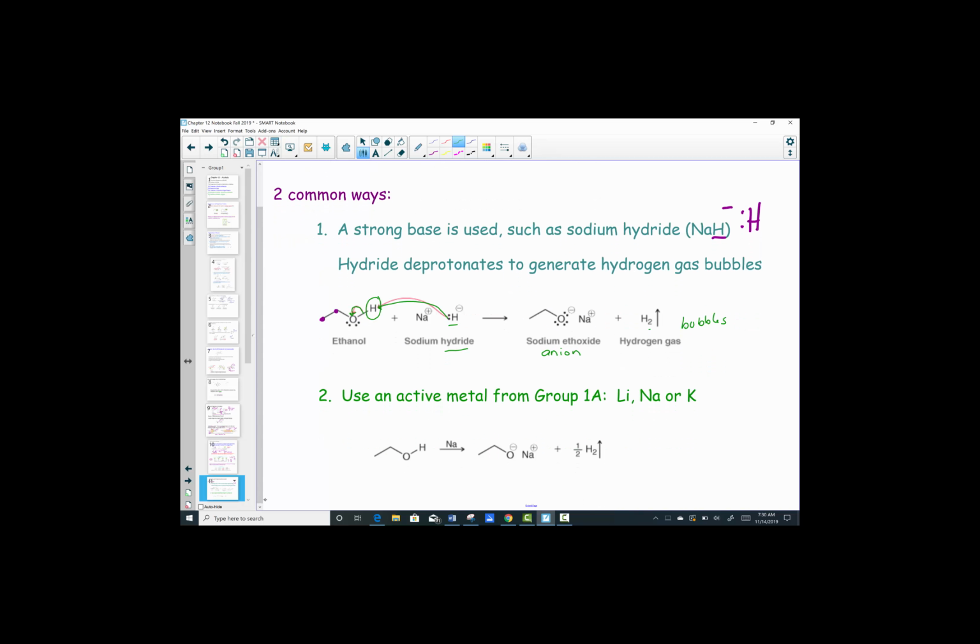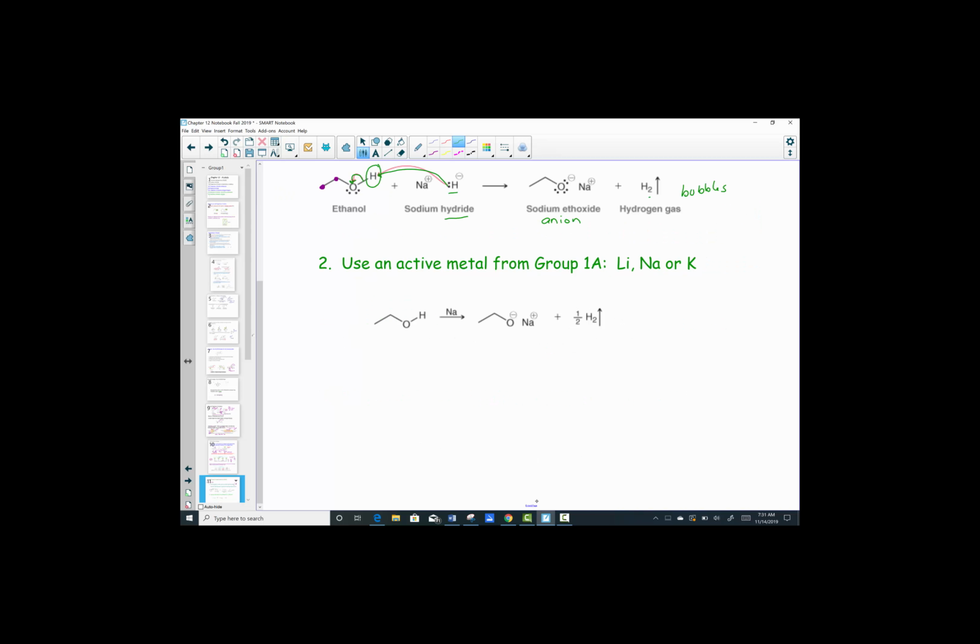There's a second way, which is actually probably an even easier way to generate the conjugate base of the alcohol, and that's by using any active metal from group 1A. Lithium, sodium, potassium are all very active metals.